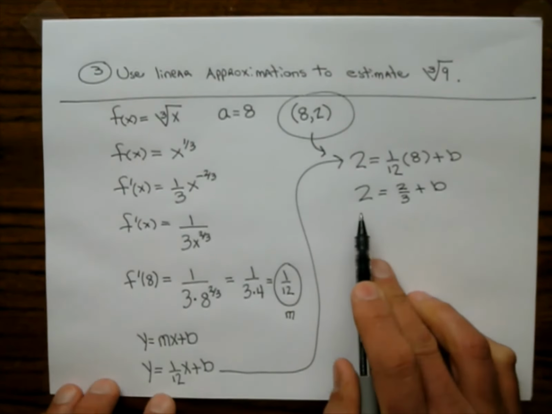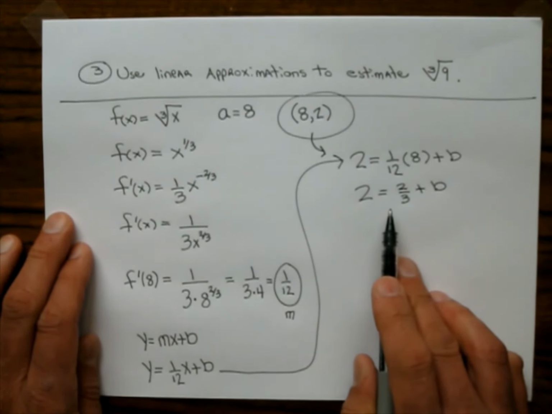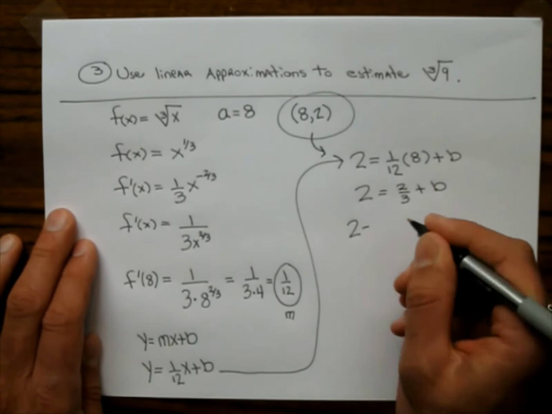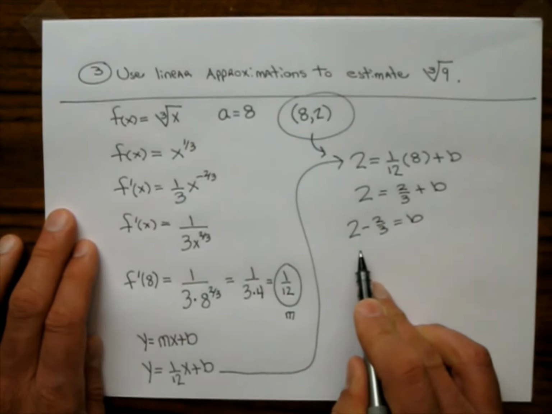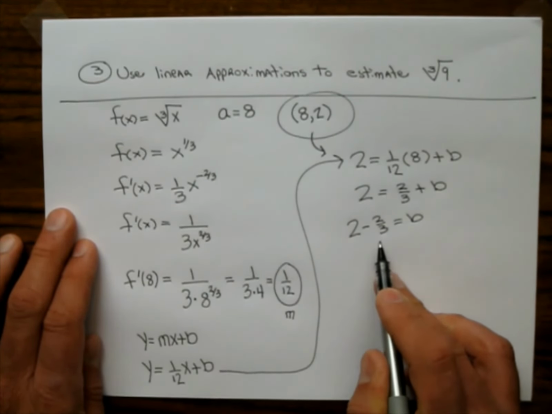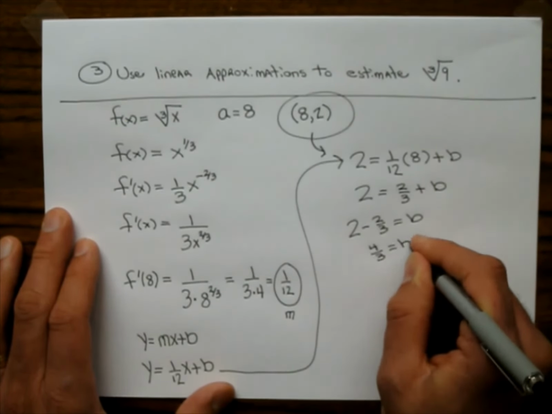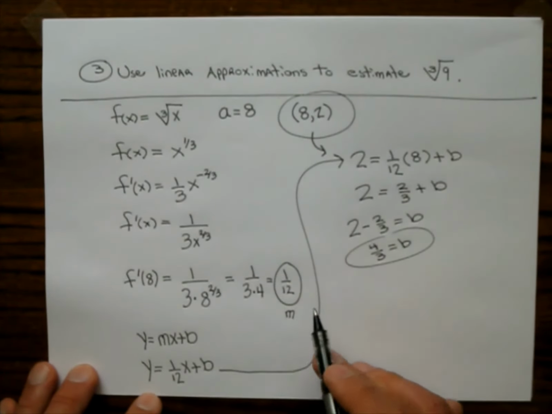You can either multiply everything in the equation by 3 or bring the 2/3 over. I'll just go ahead and bring the 2/3 over. 2 minus 2/3 equals b, so that's 6/3 minus 2/3, which is 4/3. This equals b.